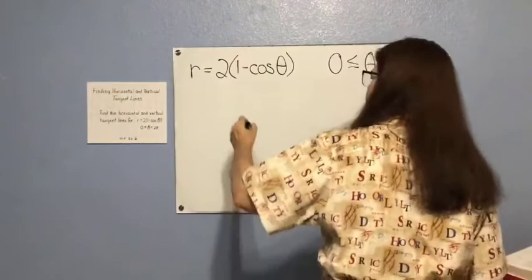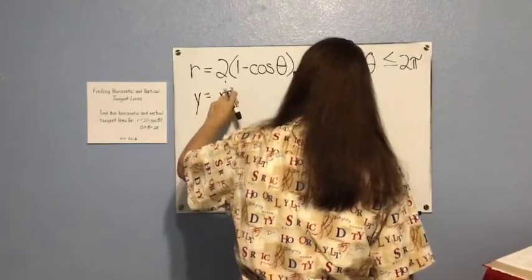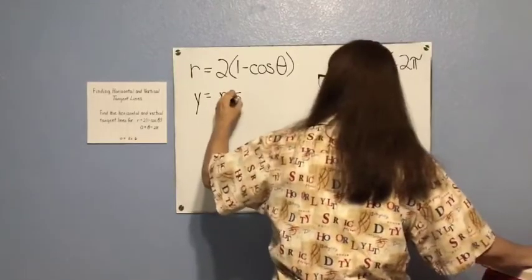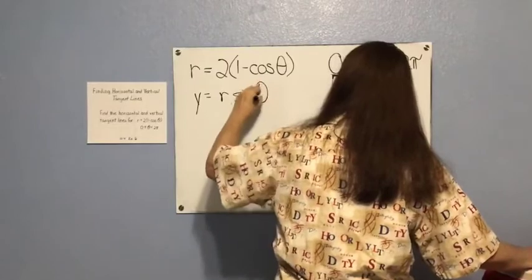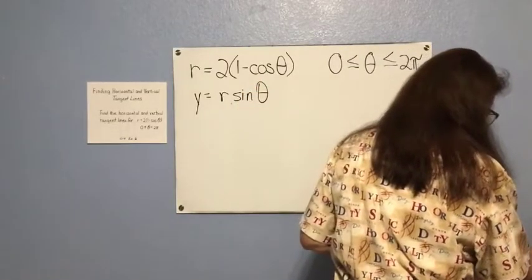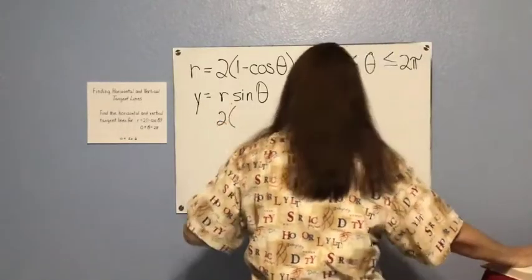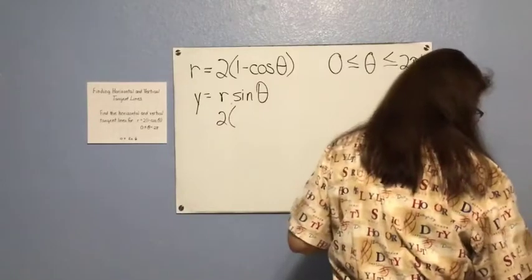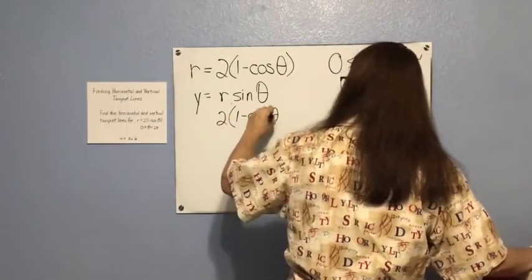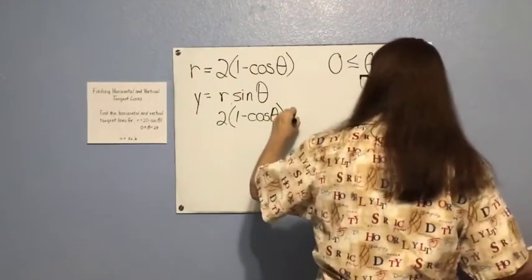So we're going to let y equal r sine theta, and we could also write that as 2 times 1 minus cosine theta times sine theta.